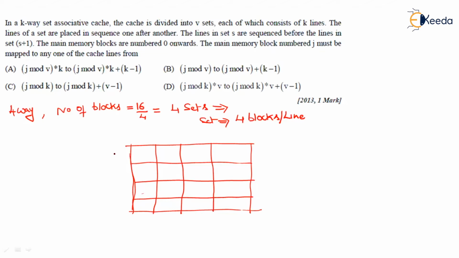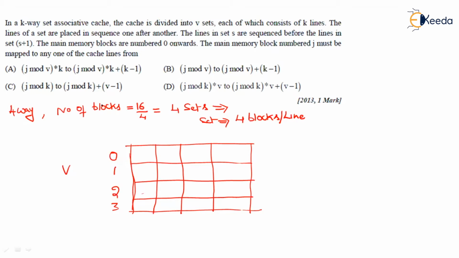So this is the 0th set, first set, second set, third set, right? So the number of sets is equal to V. Now, each set is of 4 blocks. Each set is of k lines, k meaning 4-way. You know that in a k-way set associative cache, the number of lines for every set is equal to 4.